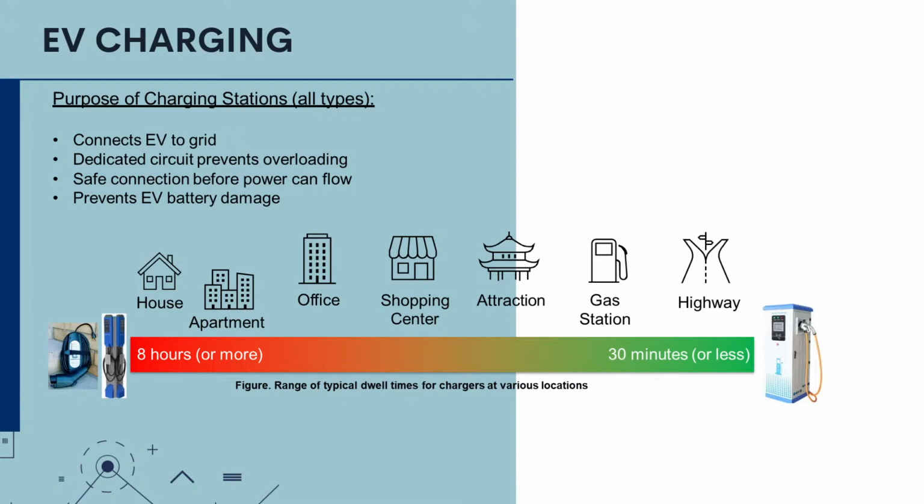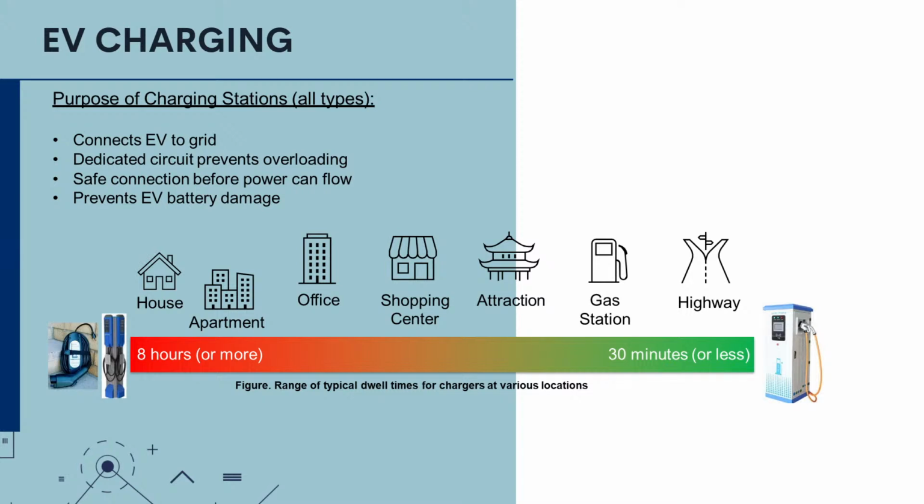Next, preventing electric vehicle battery damage. Charging stations nowadays are designed to communicate with the electric vehicle to provide the right amount of electric power at the correct voltage and current levels. This prevents overcharging or undercharging, which can damage the battery. Mainly it helps to extend the battery's lifespan and ensures efficient charging.